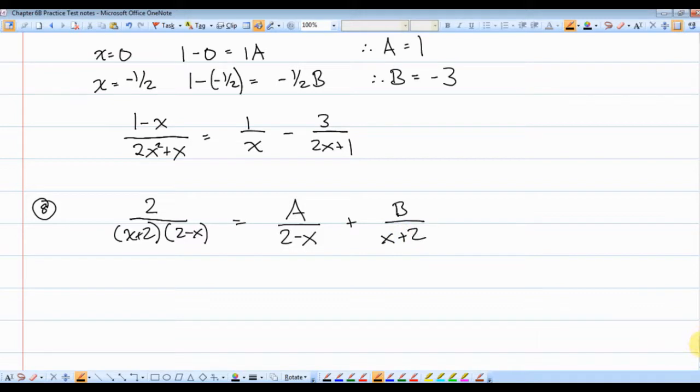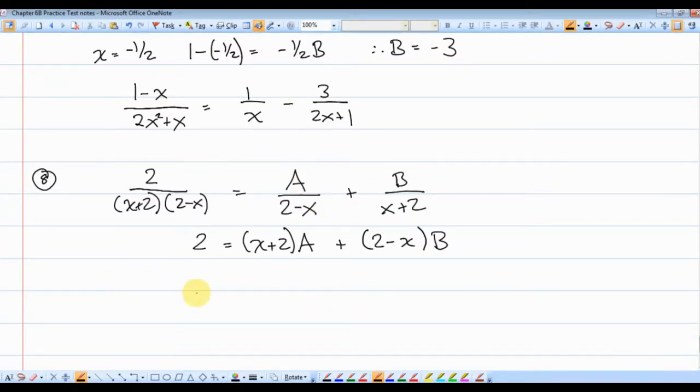Well, it makes no difference. This is algebra. As long as you can reason correctly, it won't matter what order you do it in.